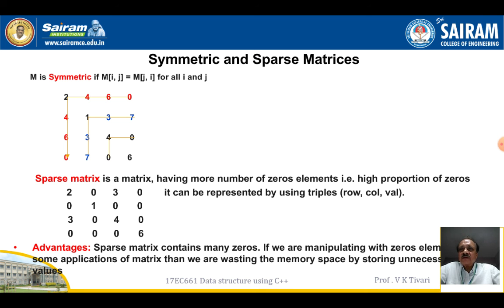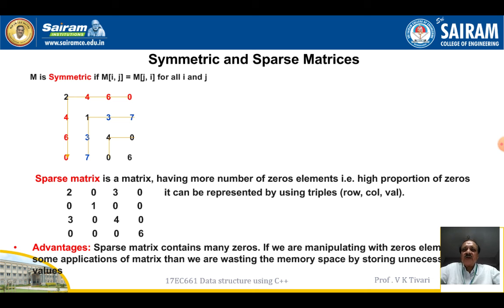Same way, the second row and second column elements 1, 3, 7 and down 3, 7 in the column are the same. Same way, the third column and third row element is 4, the element is 0, and 6 is the last diagonal element. So it is known as symmetric. The condition is M(i,j) equal to M(j,i) for all i and j elements.